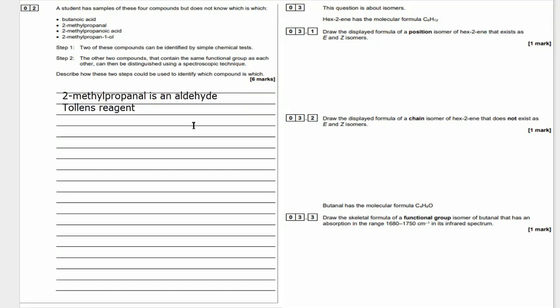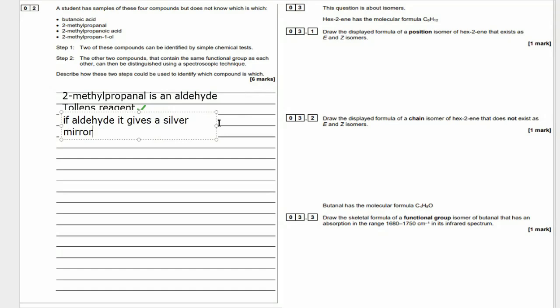And so straight away, I'm going to get a mark for saying, hey, use Tollens reagent. Now, what's the positive test? If aldehyde, it gives a silver mirror on the inside of the test tube. So that I've given the positive result for that. So that's one way I can find out that I have 2-methylpropanol. It's the only one of those 4 that will give a silver mirror.